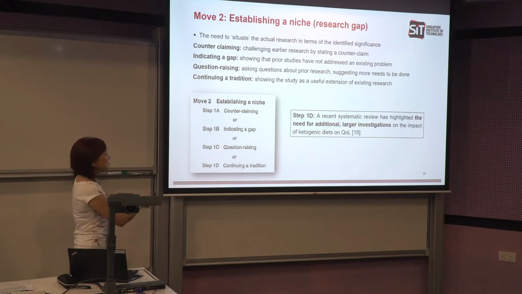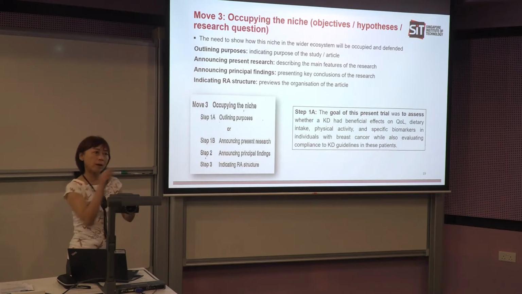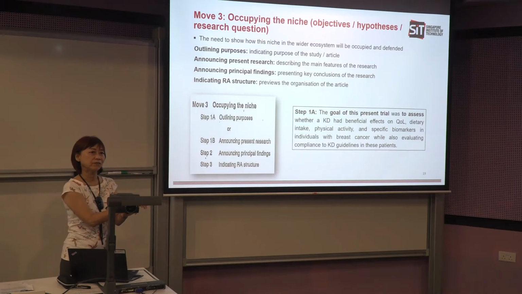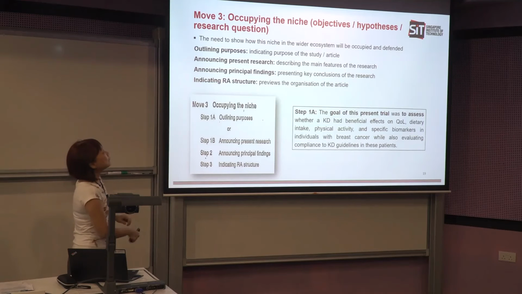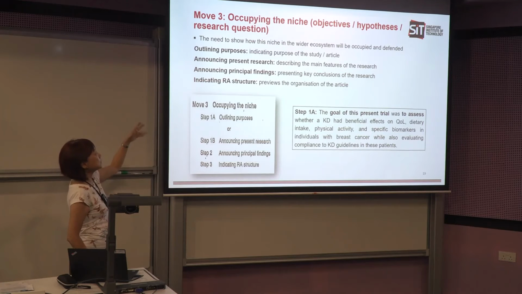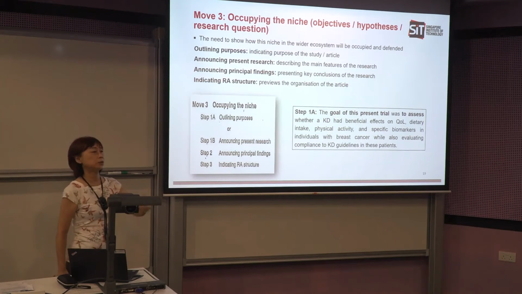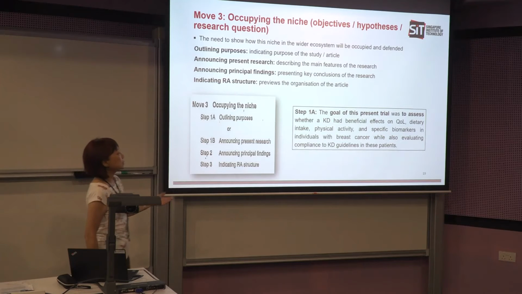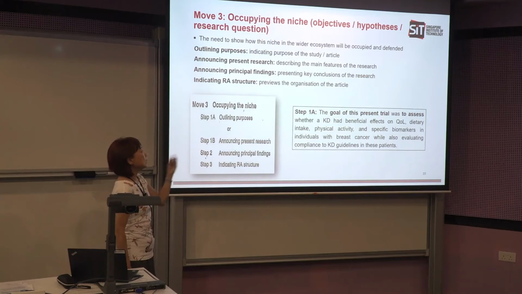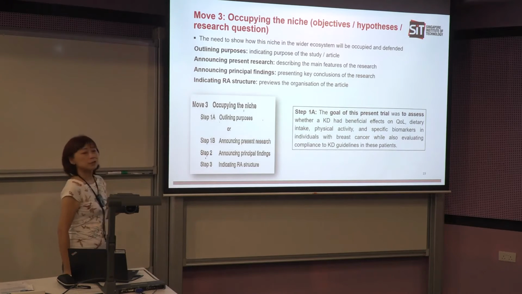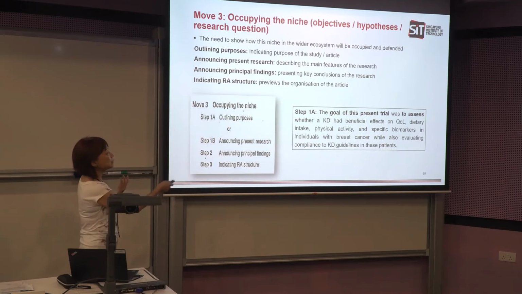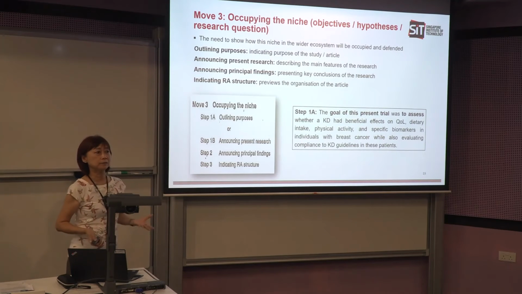So once they've done that, then they occupy that niche by showing the objective statement, or showing the research question. So they can either outline the purposes or they can announce the present research. Kodabakshi and colleagues chose to take step 1A, which is outlining the purpose. We can see very clearly the goal of this present trial.